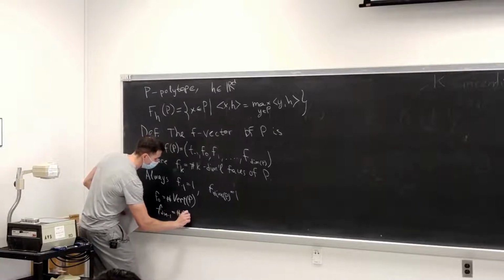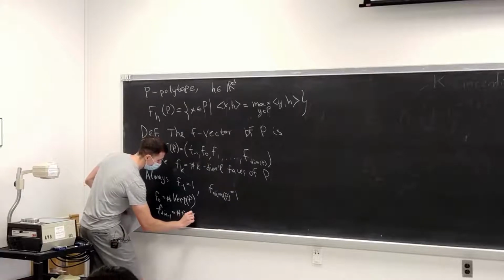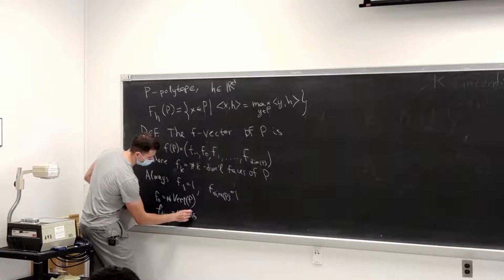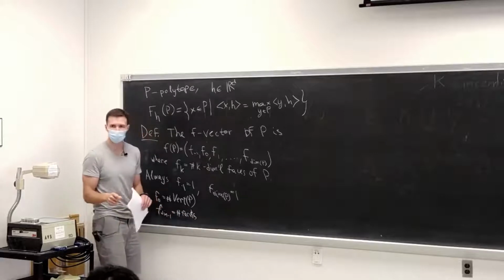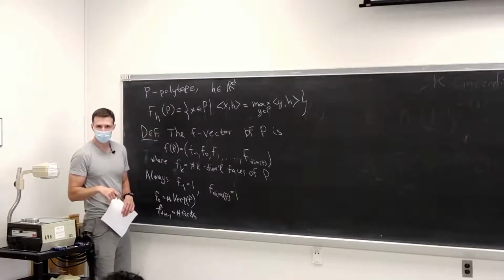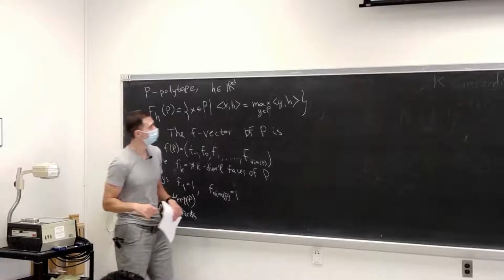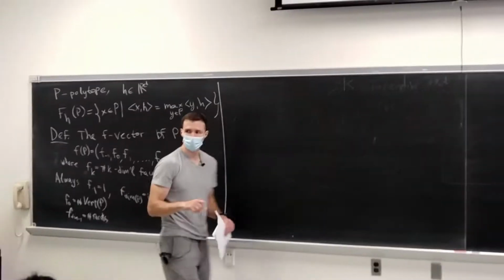So these are the two most interesting numbers. A facet is a face of codimension 1. Any questions so far?